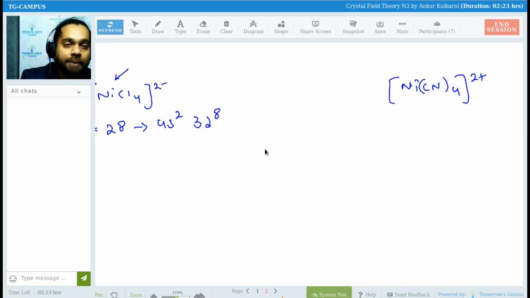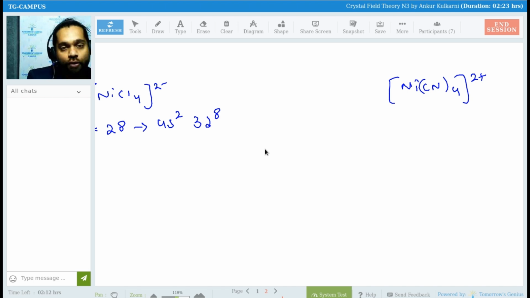Correct. Nickel is nothing but +2. How do we calculate oxidation state? What is the oxidation state of nickel? So over here, how do we calculate?